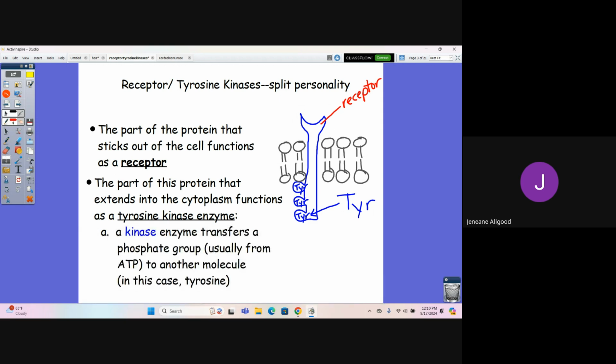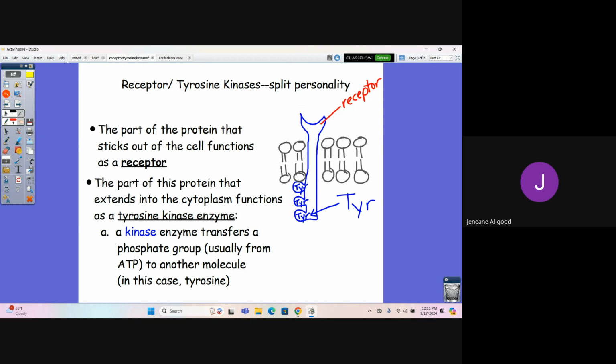And so remember what we said yesterday about kinases? We said kinases are kind of like Robin Hood. They steal from the rich and give to the poor, except in this case, they are stealing from a molecule that is fairly rich in phosphate groups like ATP, and they are giving it to another molecule.